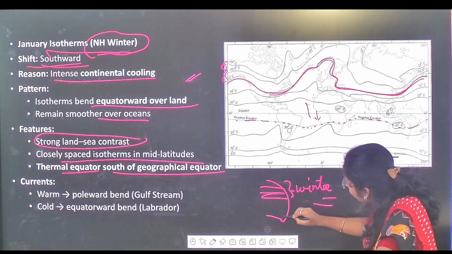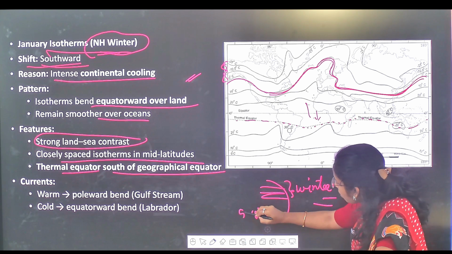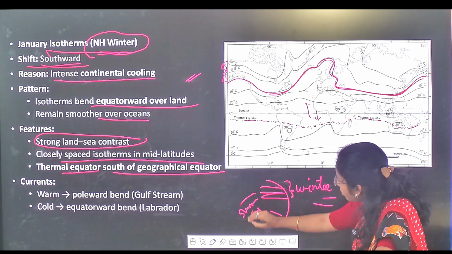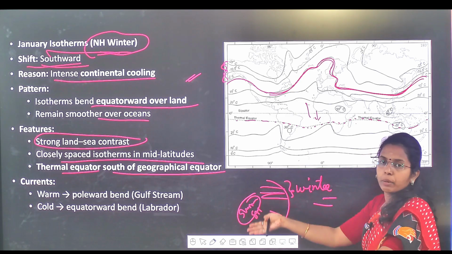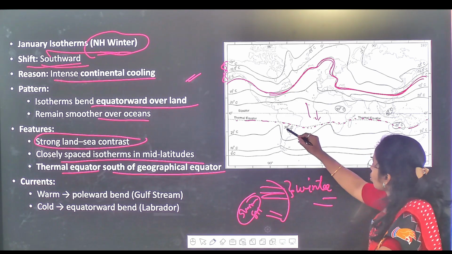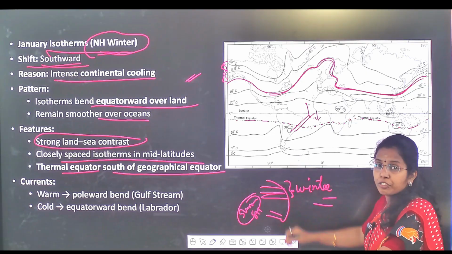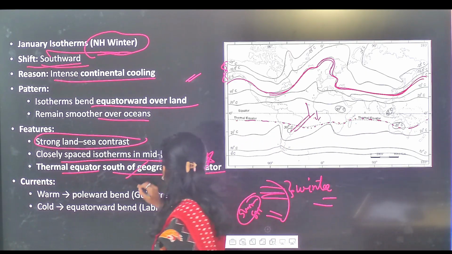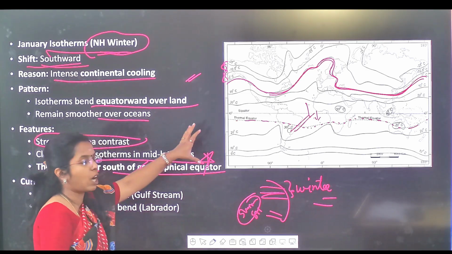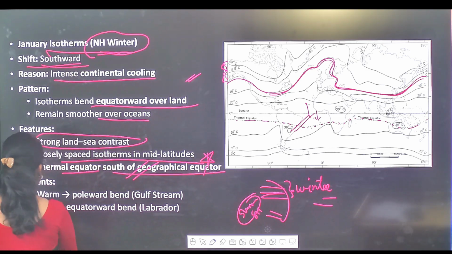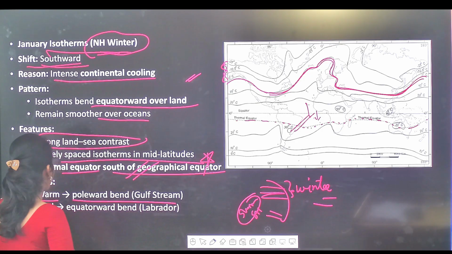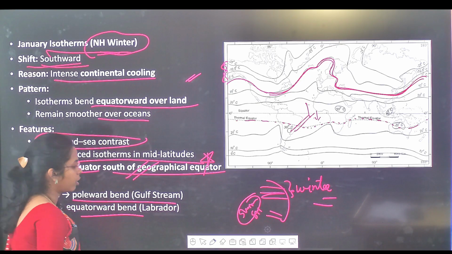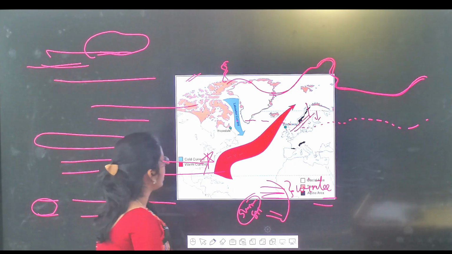Because in the southern hemisphere you will see summer. More temperature is towards the south. So the thermal equator is shifted towards the south. This you have to remember, very important: south of geographical equator. Currents: warm poleward bend, cold equatorward bending we will see.